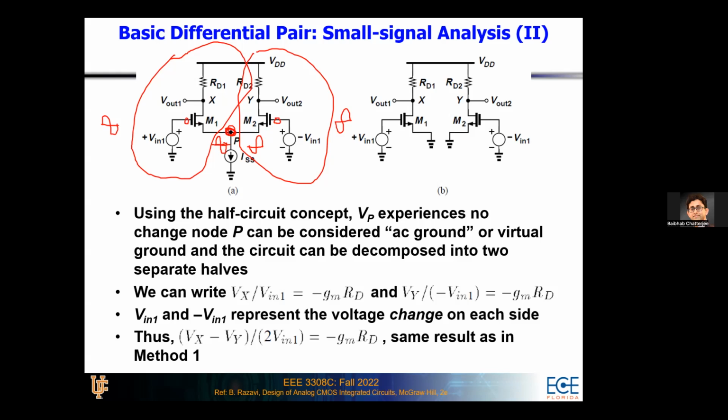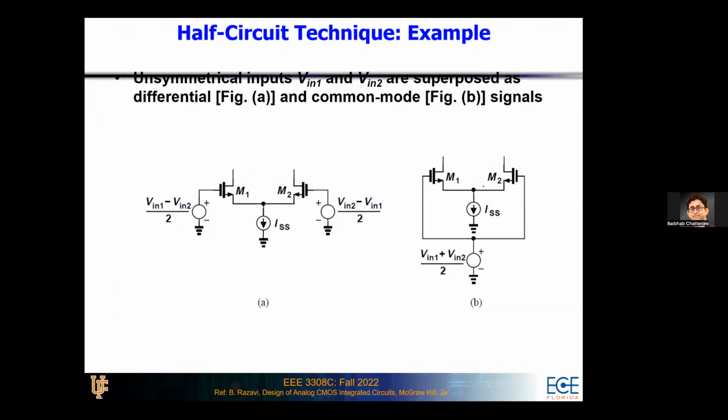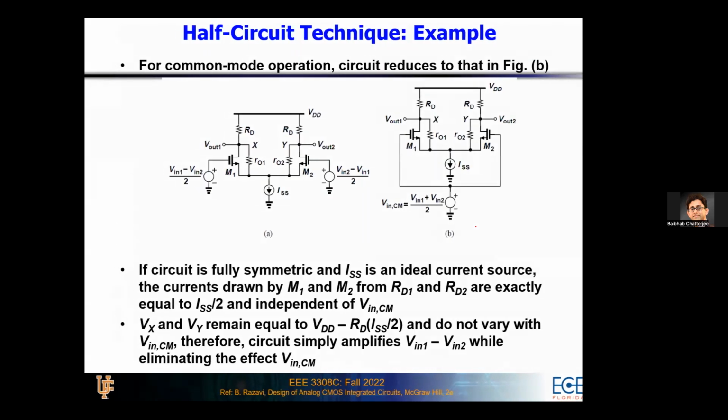They'll just complement each other. If you add a positive sine wave and a negative sine wave, you get no sine wave at all. You just get a DC. That's why we say that this point P is an AC ground. It does not have any AC signal. It's just a DC point. So remember that while you are doing any kind of half circuit analysis for the differential amplifier.